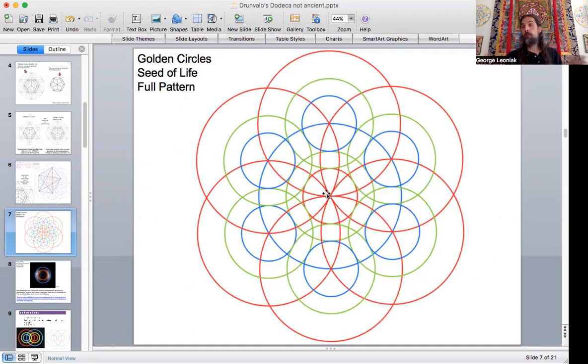So we have 3 layers of 7, right? So we have the inner circles here. There are 7 of those, 7 of the medium-sized circles, and 7 of the large circles. So we have a 777, and I know some of you really love the numerology that's associated with this, but I like to say that this has kind of got a little 7-7 resonance going on with it.